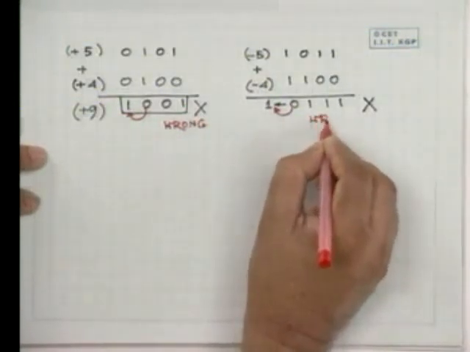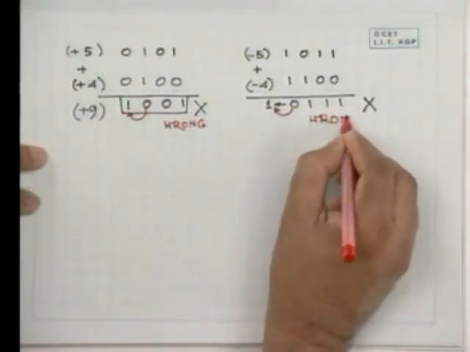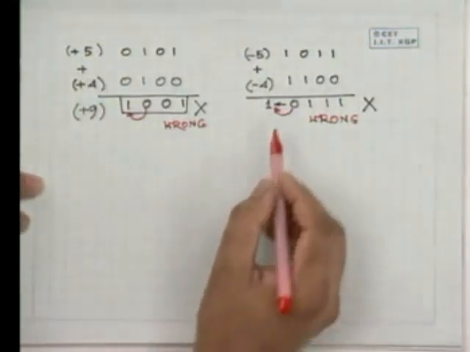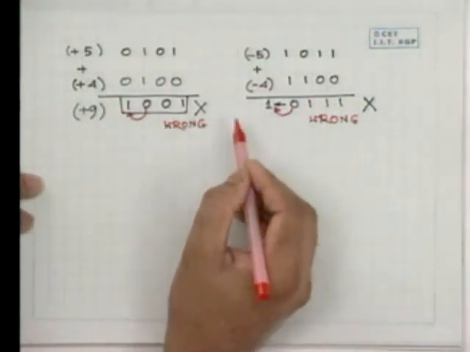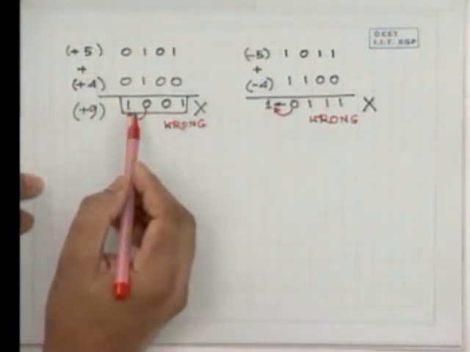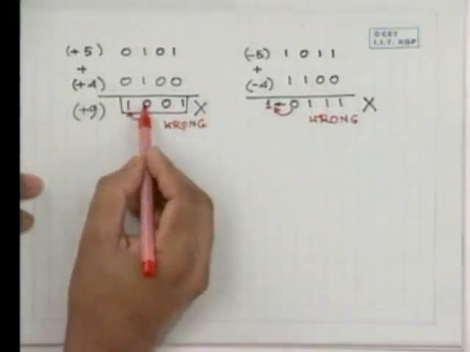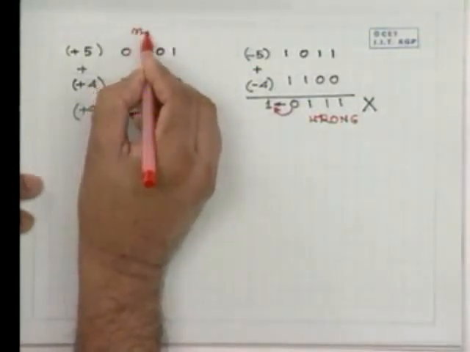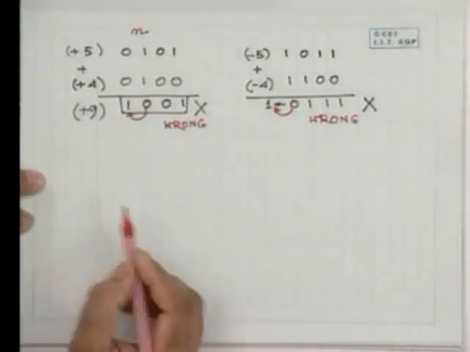This is also wrong, and one observation we make is that in this case there is a carry from the n minus 2 bit to the n minus 1th bit in an n bit representation. Okay.